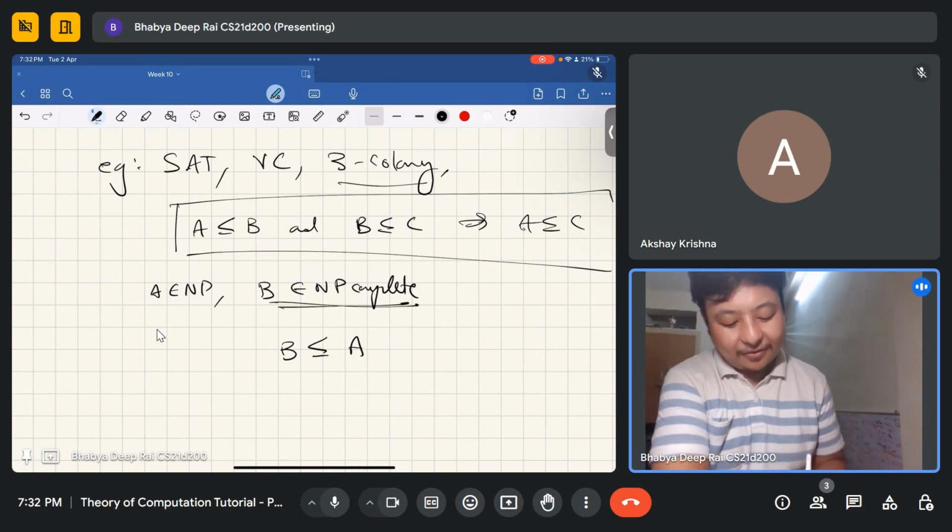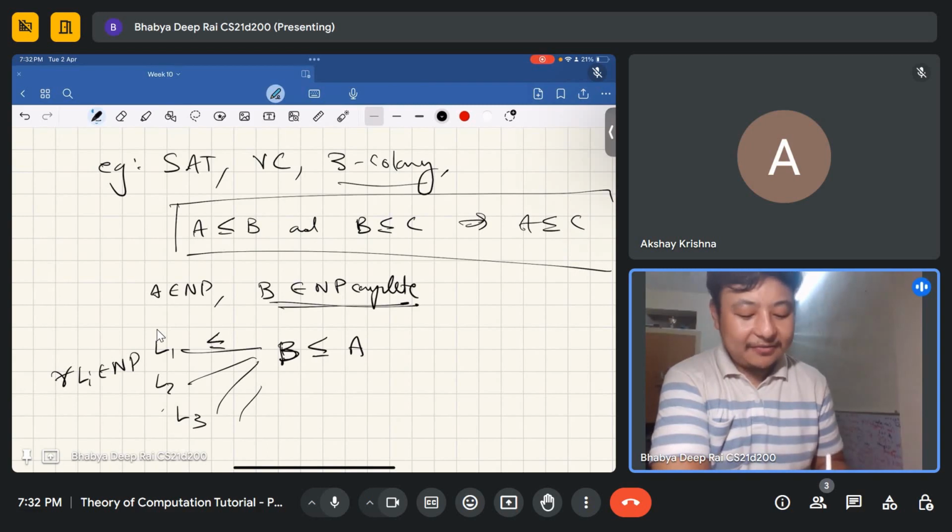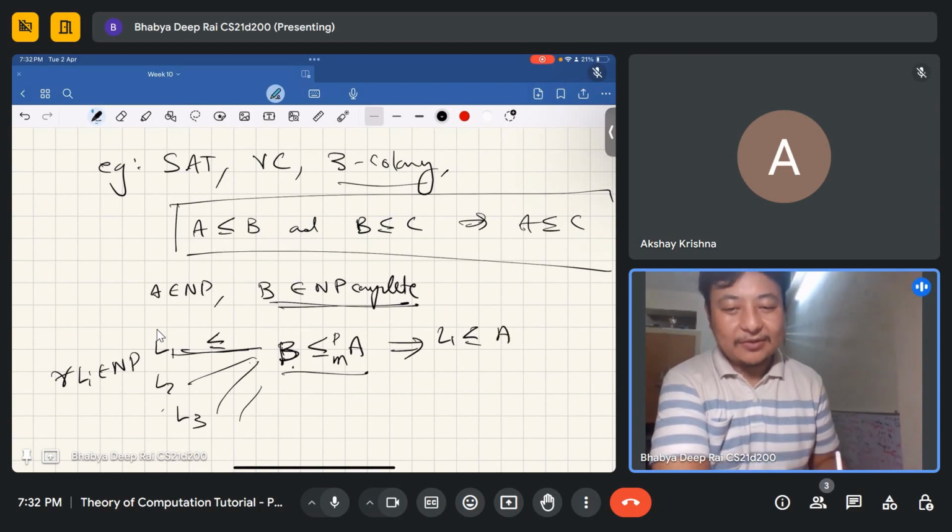B reduces to A, and B is NP complete. What does this mean? This means all the languages Li in NP reduce to B. All of them reduce to B. And now we are seeing B reduces to A. Since L1 reduces to B and B reduces to A, it means L1 reduces to A. Similarly, L2 reduces to B and B reduces to A, so L2 reduces to A. How am I doing this?